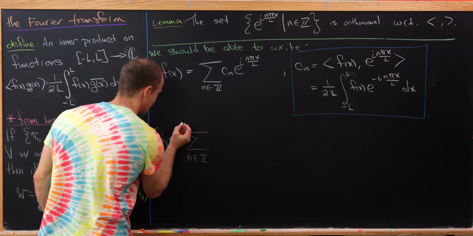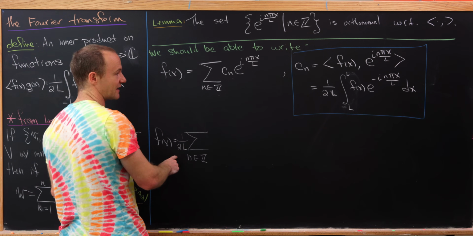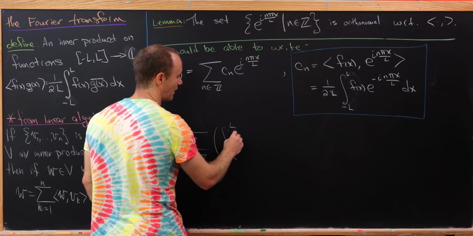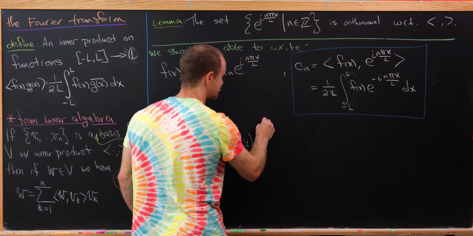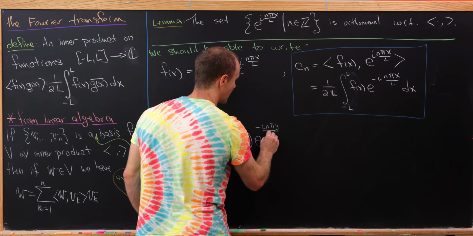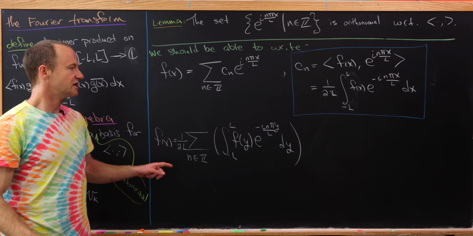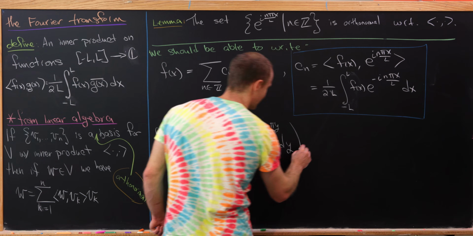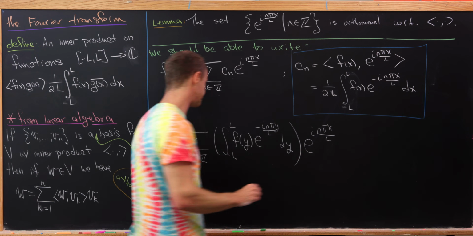And actually, maybe I'll take this 1 over 2L out front, because I can definitely do that. And then I'll have an integral from minus L to L of f of y e^(-i n pi y / L) dy, where I've changed my variable of integration just because I don't want to overuse x's. And then we'll have e^(i n pi x / L).